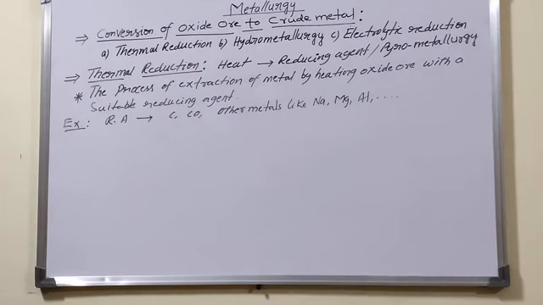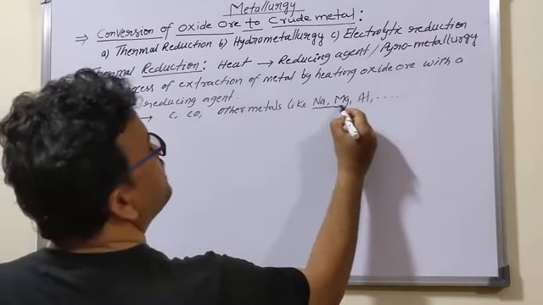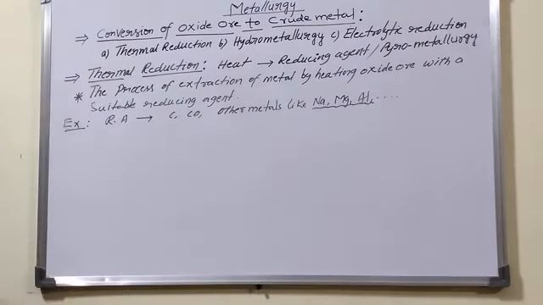So more electropositive metals act as good reducing agents. We learned already that group 1A and group 2A elements are better reducing agents. So these we are using.